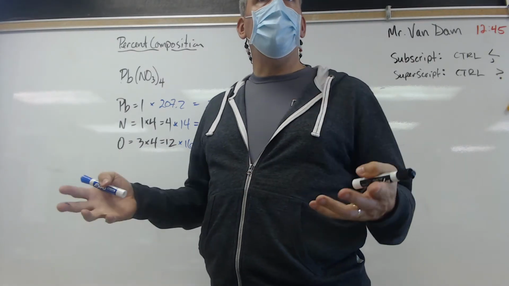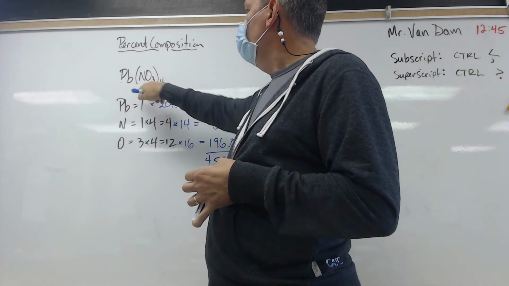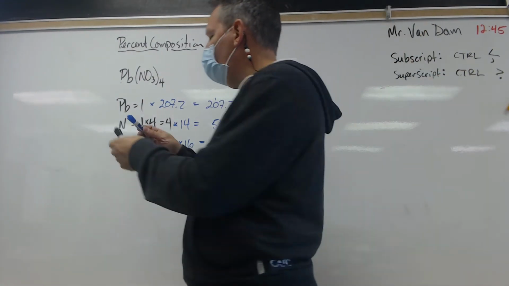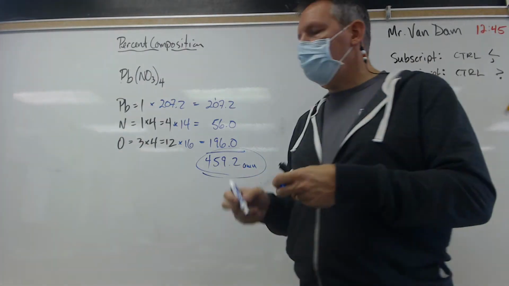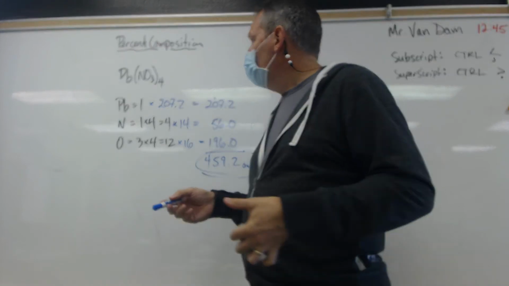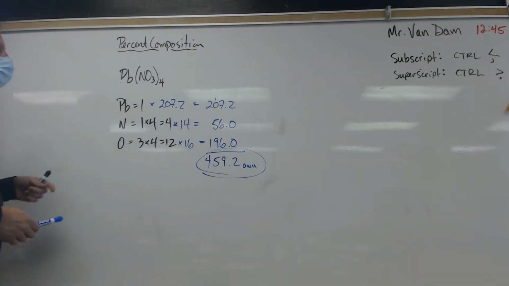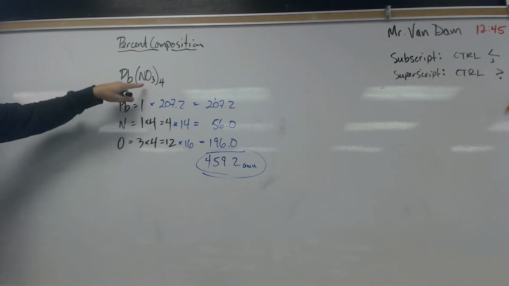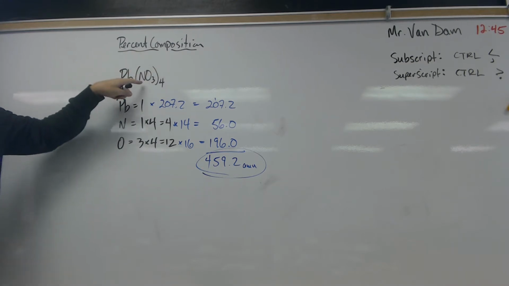So if you look at a picture of this compound, we're certainly going to see more atoms of oxygen. But as a chemist, we care about mass. I mean, that's why we did this. We want to know the mass. So from a mass percentage, the question is not how many atoms, but what percent of the total mass does each of these atoms represent?